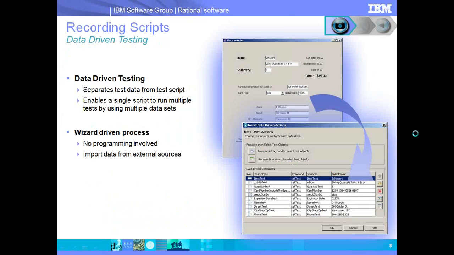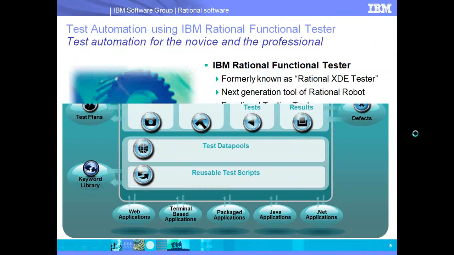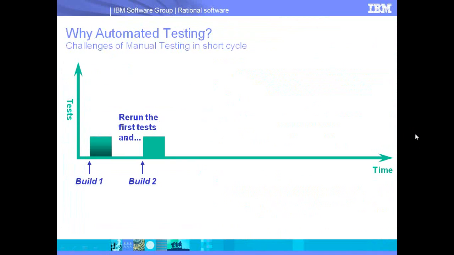Okay then. Yeah, why automated testing, I'm on that slide. It should show the full screen now. Yeah, full screen it is. Okay. Let me know when you want me to move on to the next slide.